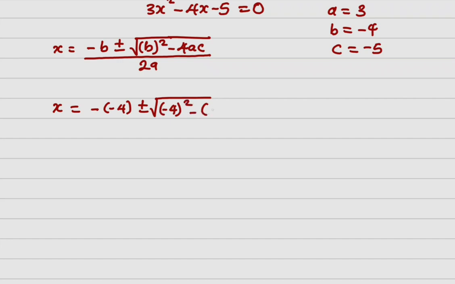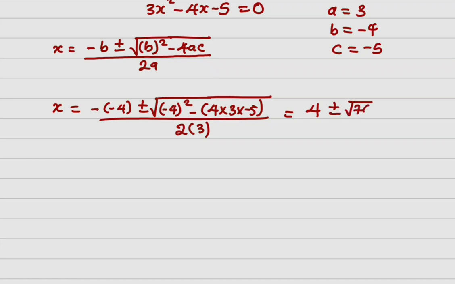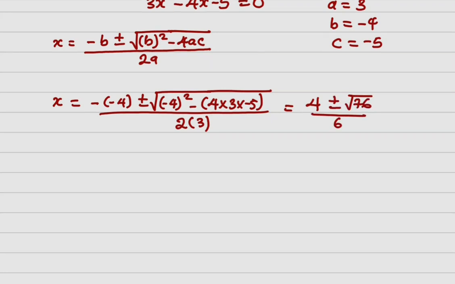Then we have minus 4 times 3 times minus 5, close the bracket, all over 2 times 3. Now, using your calculator, you end up with 4 plus or minus root of 76 all over 6.